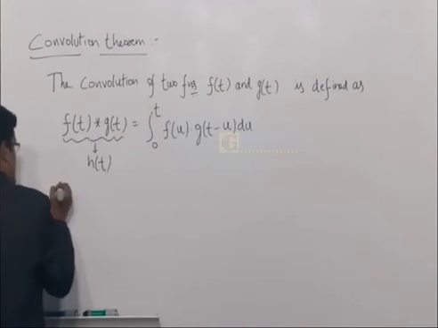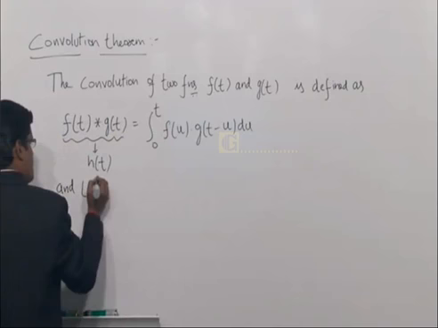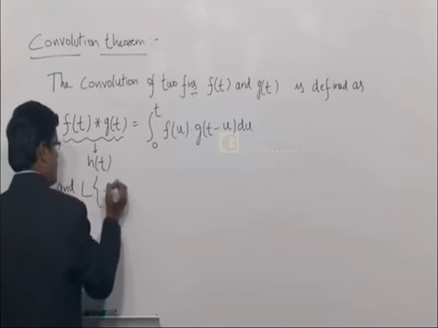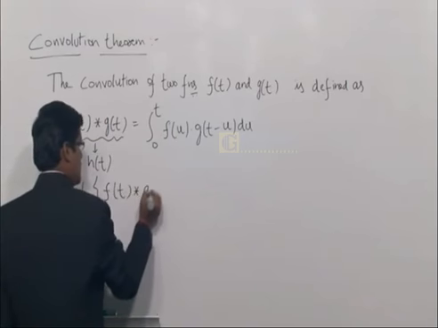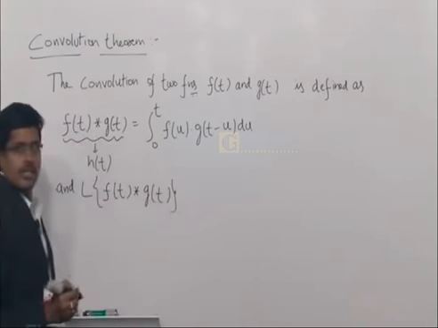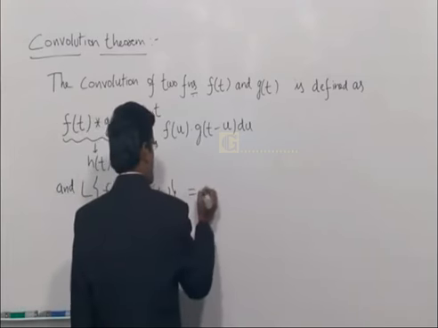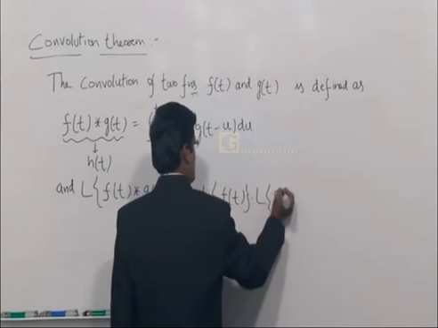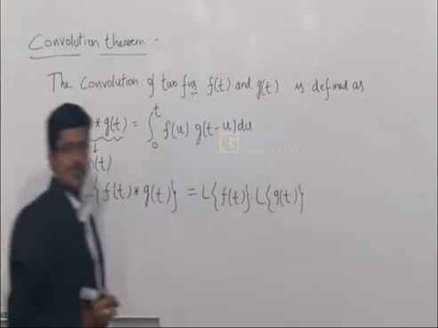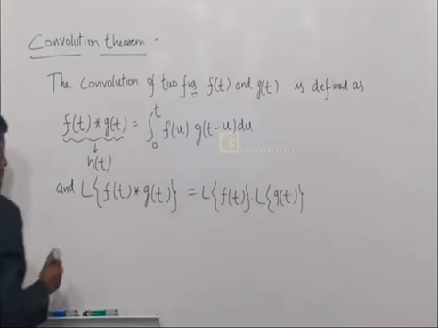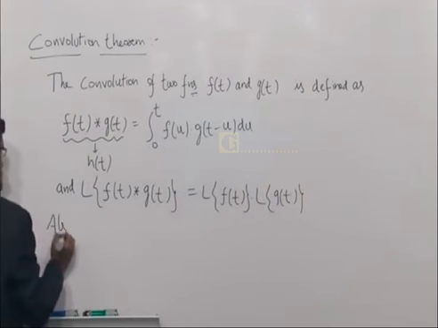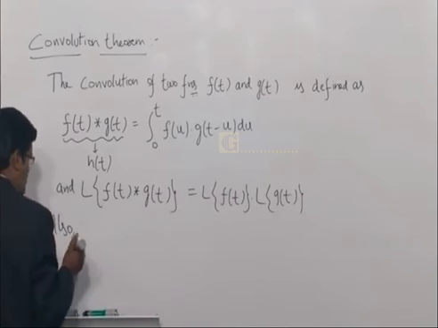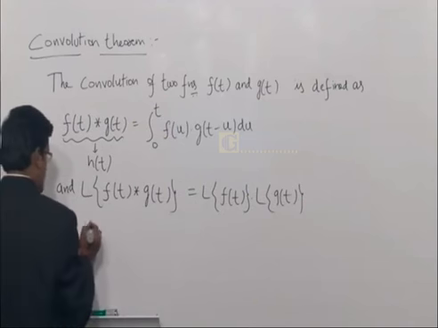And the Laplace of this convolution, that is called the convolution theorem in Laplace transform: L of f of t star g of t is equal to the product of their Laplaces, L of f of t into L of g of t. Also, the same convolution theorem is given for the inverse transform.